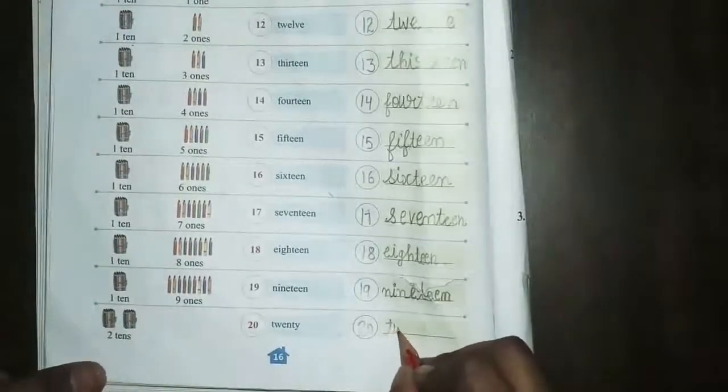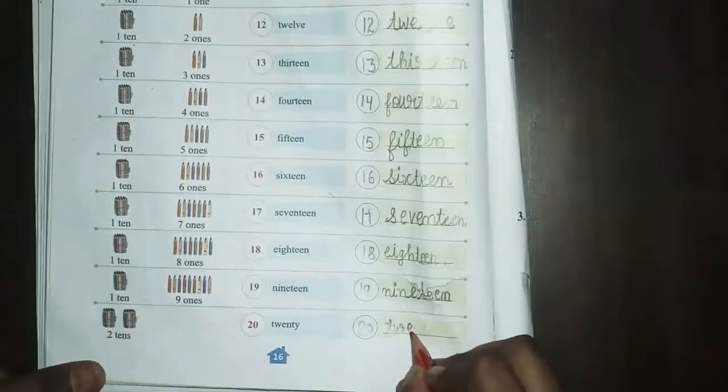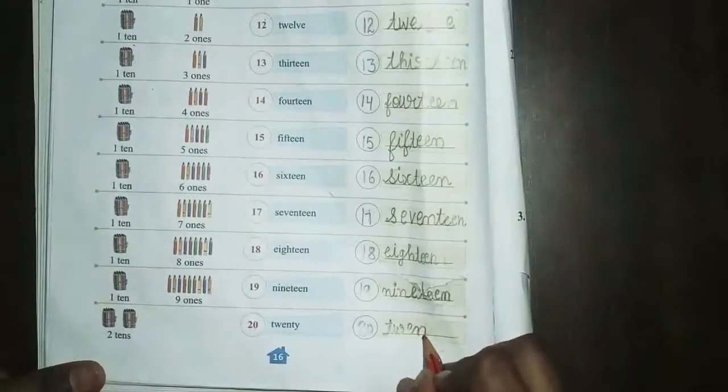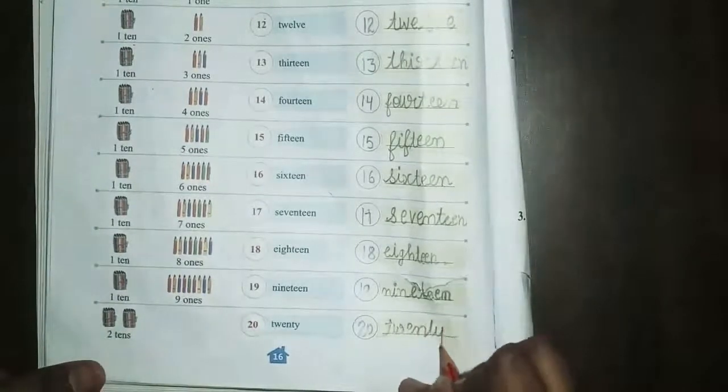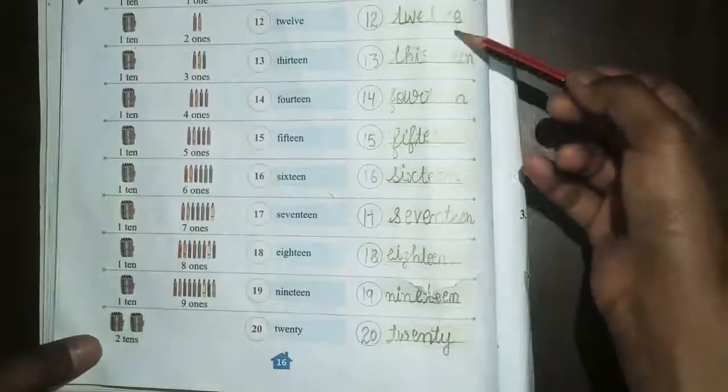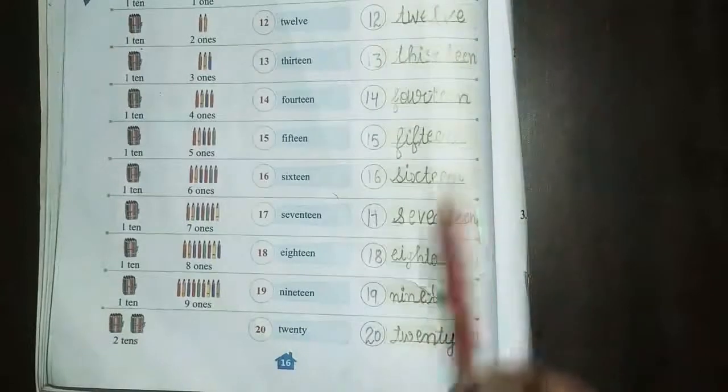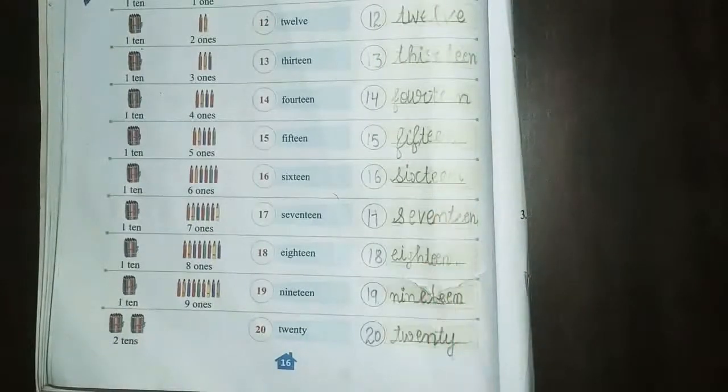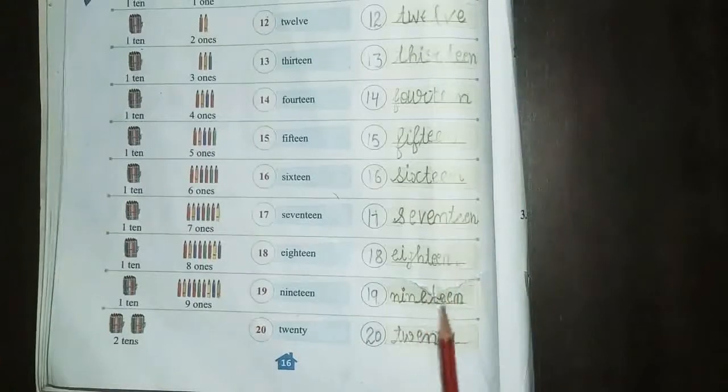T-W-E-N-T-Y, 20. 11, 12, 13, 14, 15, 16, 17, 18, 19, 20. So here we have done page number 16.